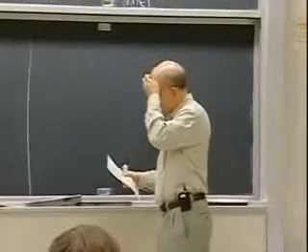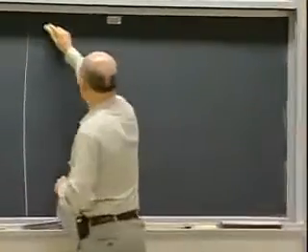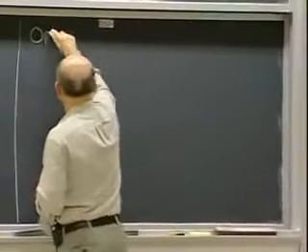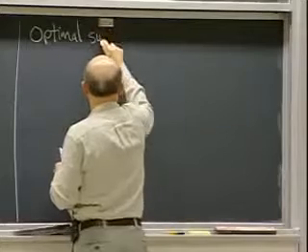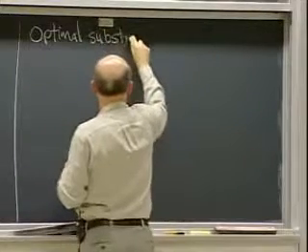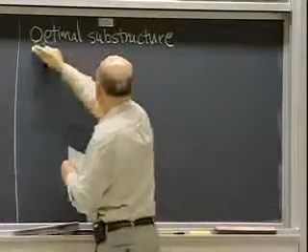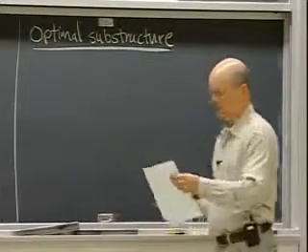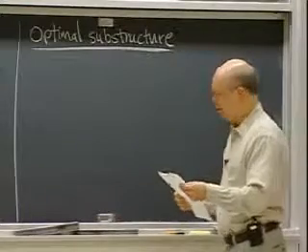So let's first of all make some observations about this puzzle, and what I want to do is remind you about the optimal substructure property, because it turns out minimum spanning tree has a great optimal substructure property. Okay.